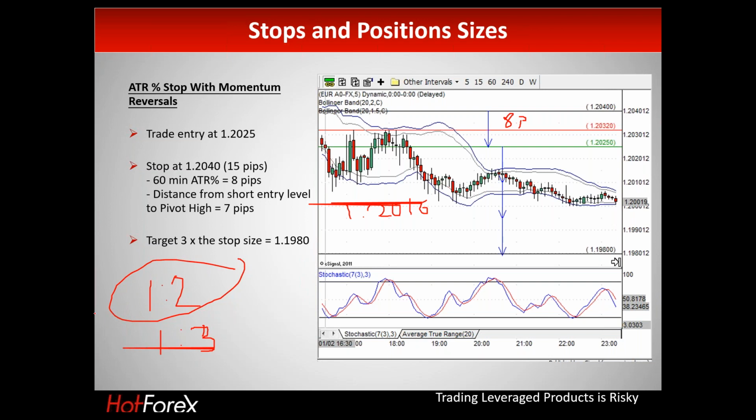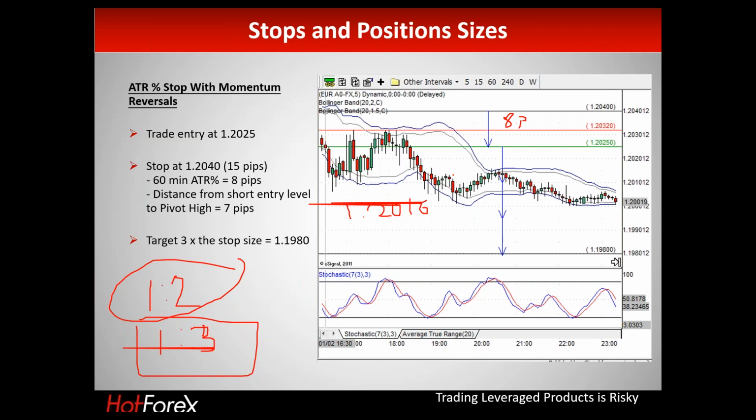If now we have taken a risk and reward 1 to 3, we need to multiply 3 times the stop size, so 8 multiplied by 3 is 24, so 24 pips lower.